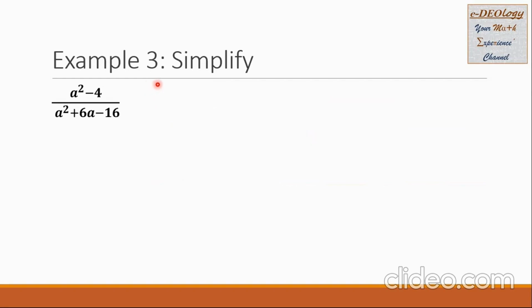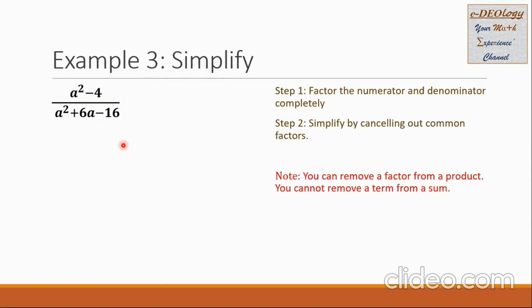Let us have example 3. Simplify the rational expression a squared minus 4 in the numerator all over a squared plus 6a minus 16 in the denominator. Let us now factor out the numerator and denominator completely. The a squared minus 4 becomes a plus 2 times a minus 2.